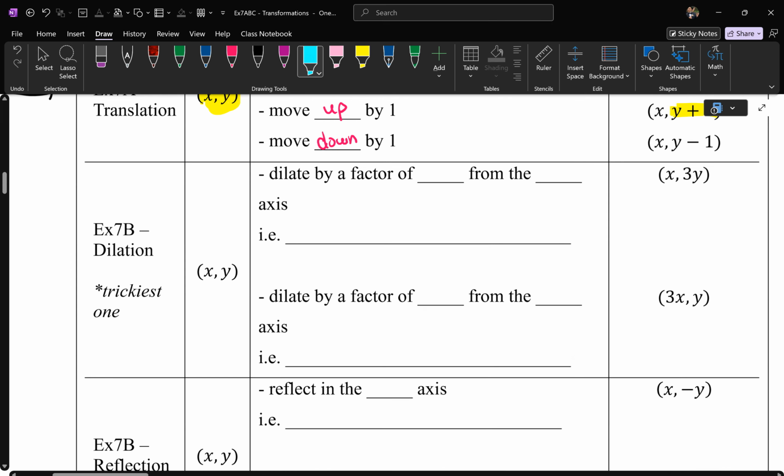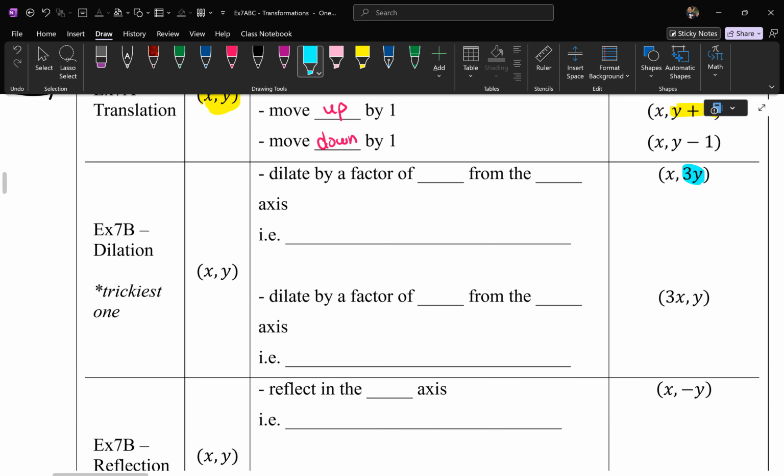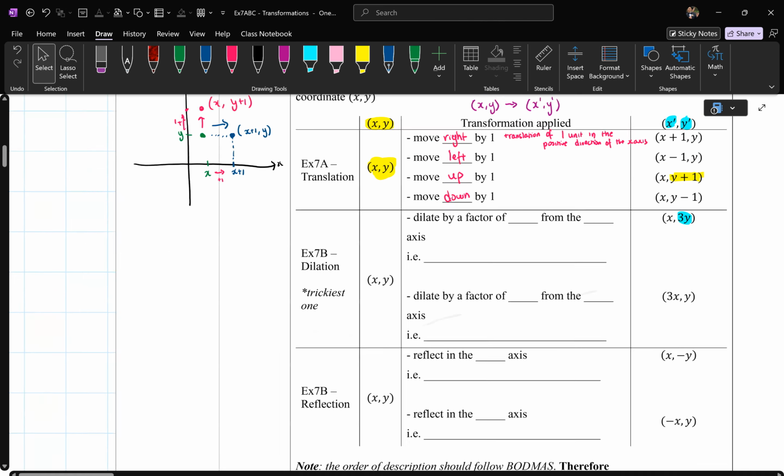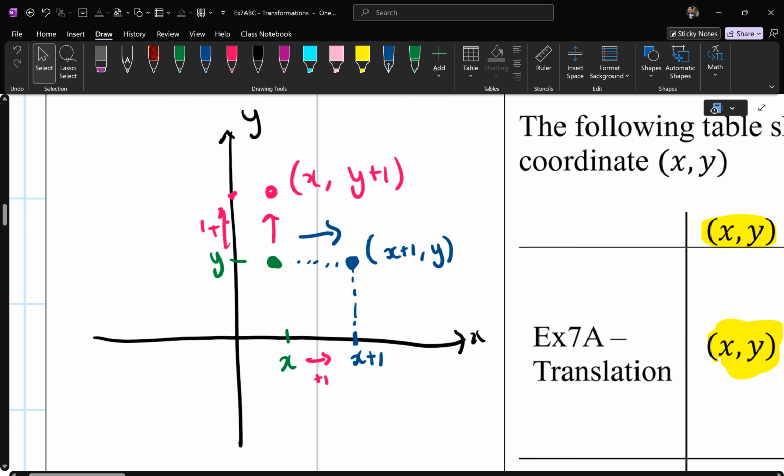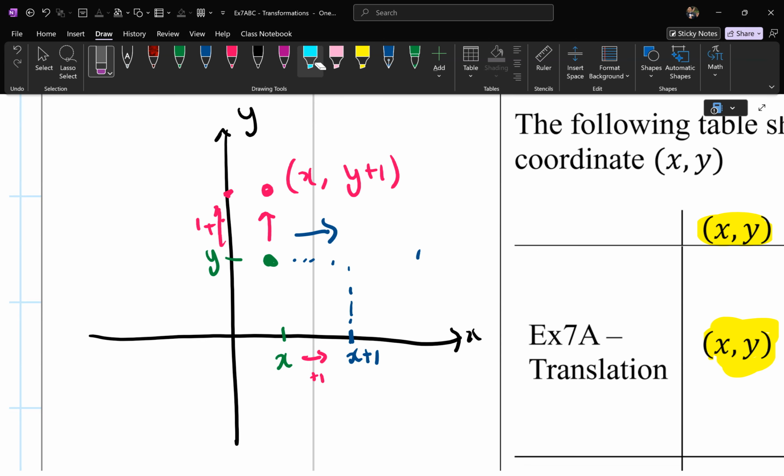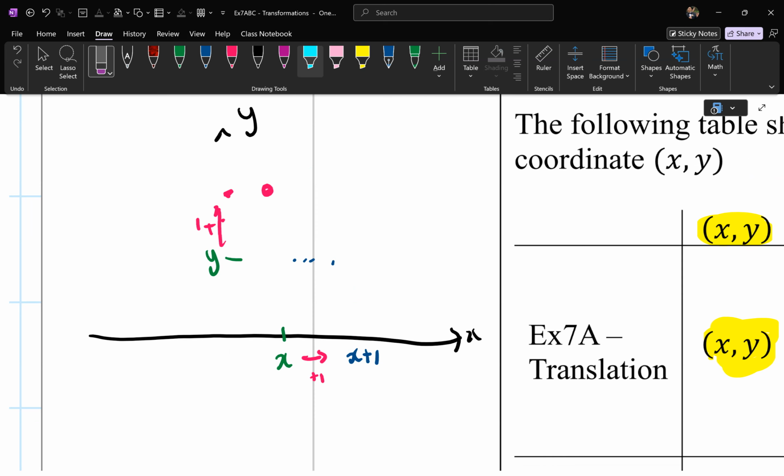So here, when I put a 3y, what this is saying is your original xy coordinate, I'm going to multiply just the y coordinate by a factor of 3, meaning I'm tripling it. Okay, so let's have a think. Here's my values again, and I'm going to change all of this. Let's give it a number so you can visualize what's happening here.